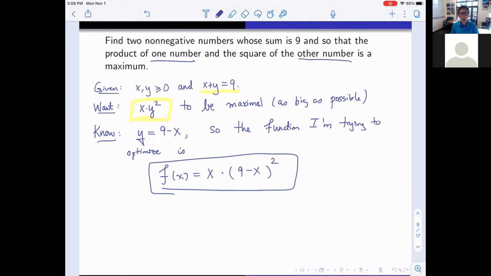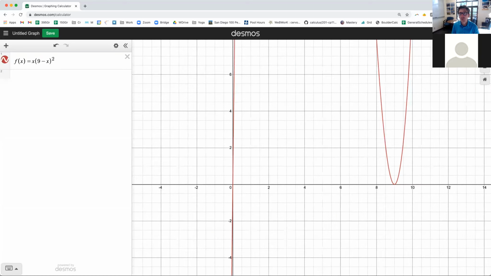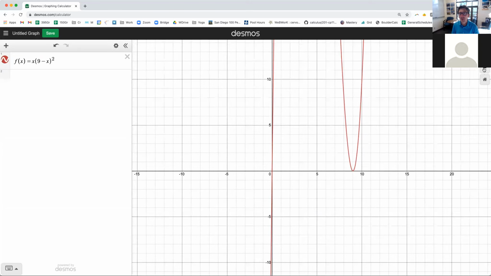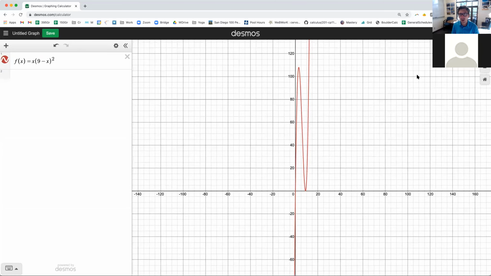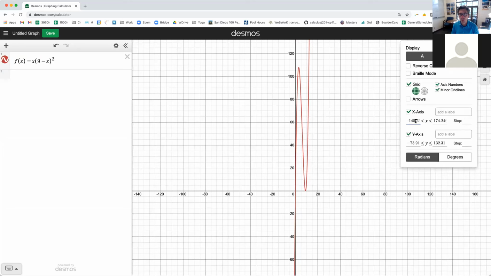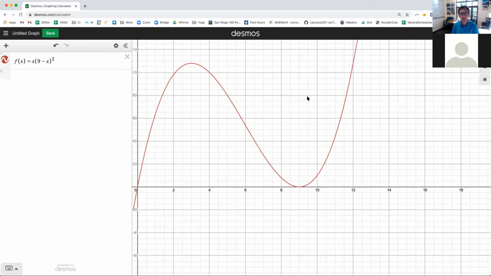So when I open Desmos and I graph this function, which is f of x equals x times 9 minus x all squared, I have to zoom out a little bit so I can see everything. But I get this function here, and the scale's a little bit off. Maybe I can change the x values to go from 0 to 20 or something like that.